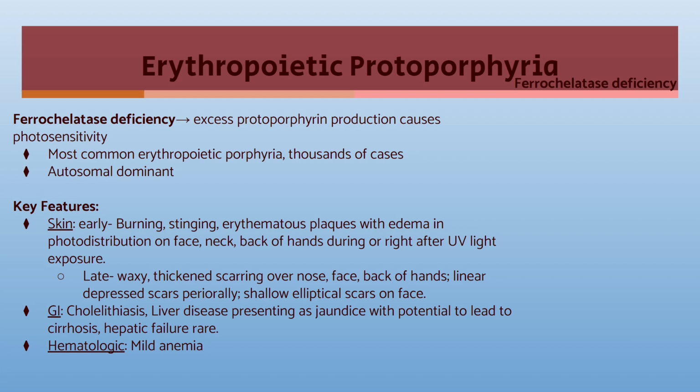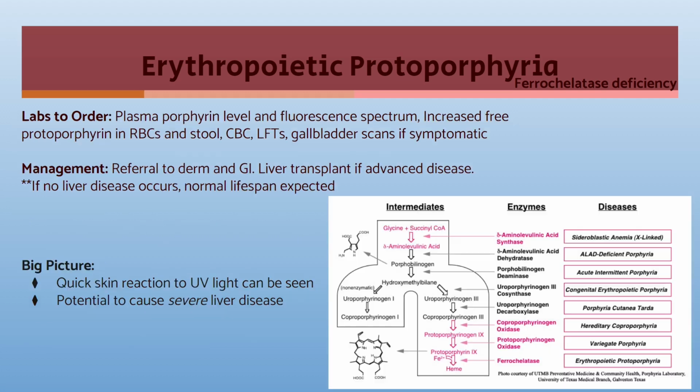Here you're also going to see GI symptoms such as cholelithiasis, liver disease, and maybe even jaundice if the liver disease is so bad. In EPP, you're going to get a lot of the same labs, and since this one has a strong gallbladder predominance, you're going to want to make sure that the gallbladder is fine too. If they're not symptomatic, you don't have to do that unless they show symptoms. Now, if you remember what the enzyme is, it's right in the top right: ferrochelatase.